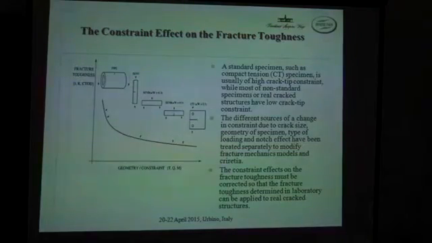So you can see that there are different sources of change in constraint due to crack size, configuration of specimen, type of loading, and of course notch effect, which have been treated separately to modify fracture mechanics models and criteria. So we have a transferability problem in fracture mechanics. The constraint effects on fracture toughness must be corrected so that fracture toughness determined in the laboratory specimen can be applied to the real cracked structure.